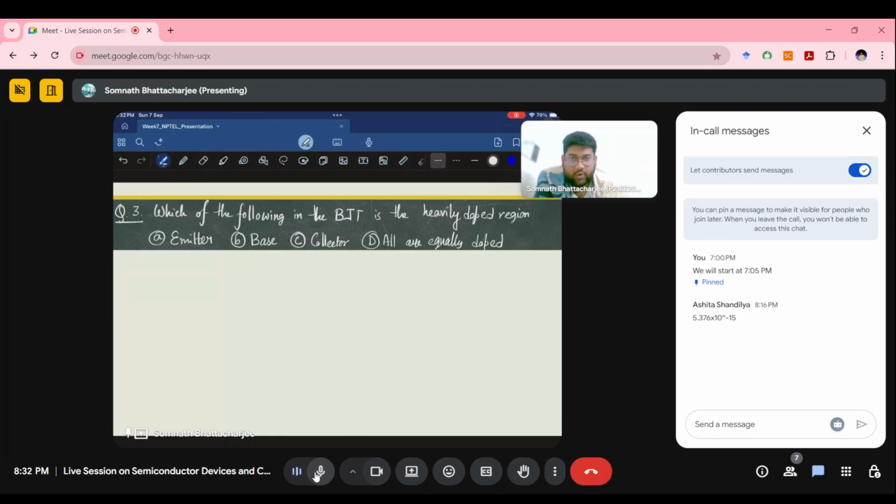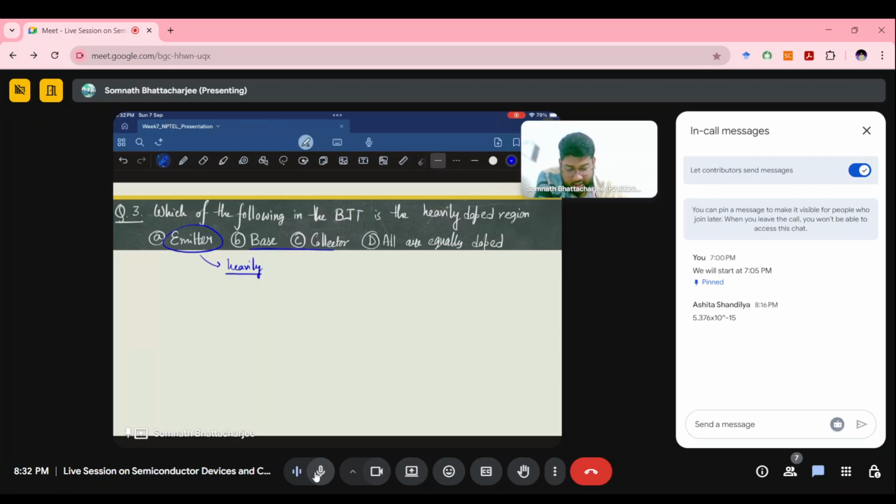So any one of you can answer this. The emitter. Yeah. So in both the cases, in NPN and PNP, the emitter is the heavily doped one because it will emit either holes or electrons.